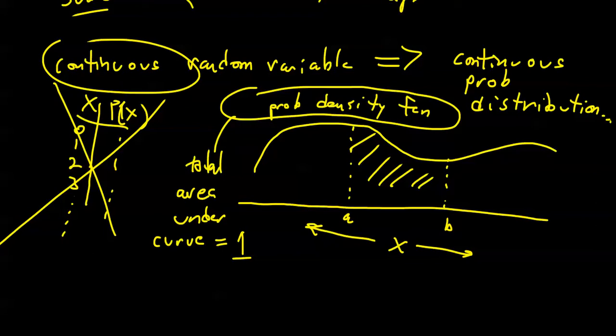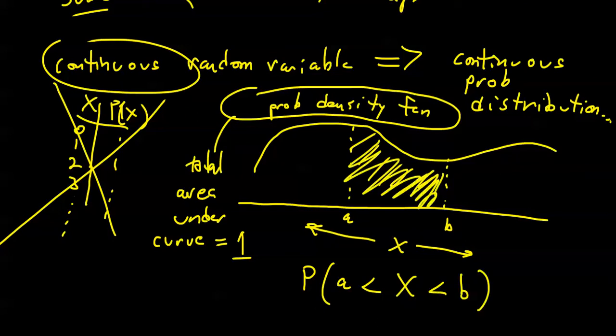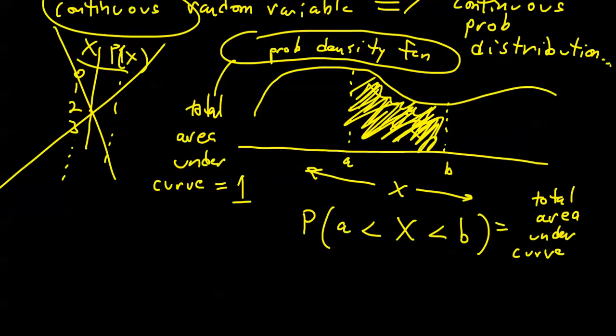So if perhaps I'm interested in the probability that x is between A and B, I'm looking for the total area under the density function between A and B. Write that down, equals total area under the PDF, I'll just call it the curve, between A and B.